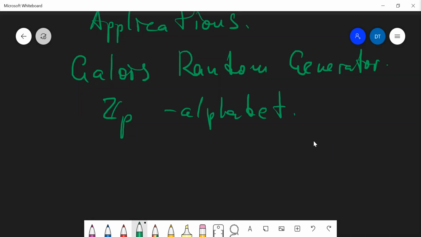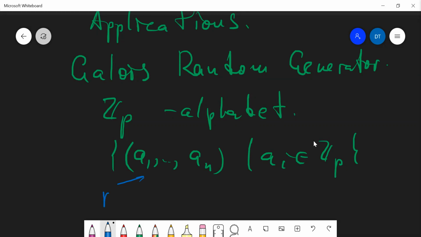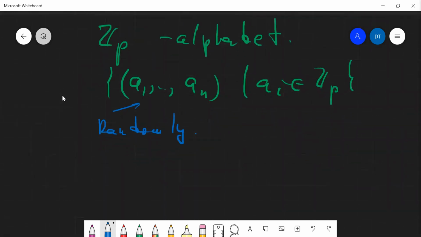And we want to produce random sequences of this form. So we want to produce these sequences randomly. How do we do this?